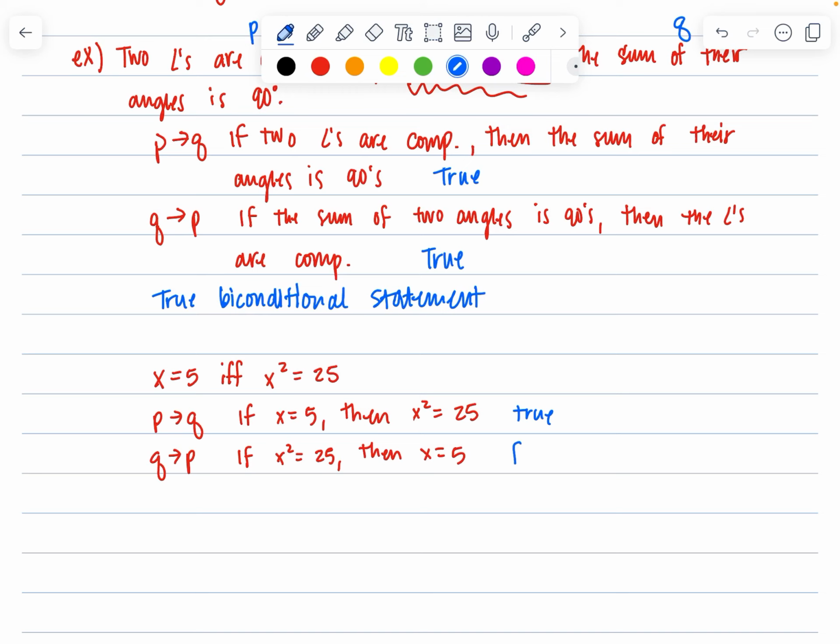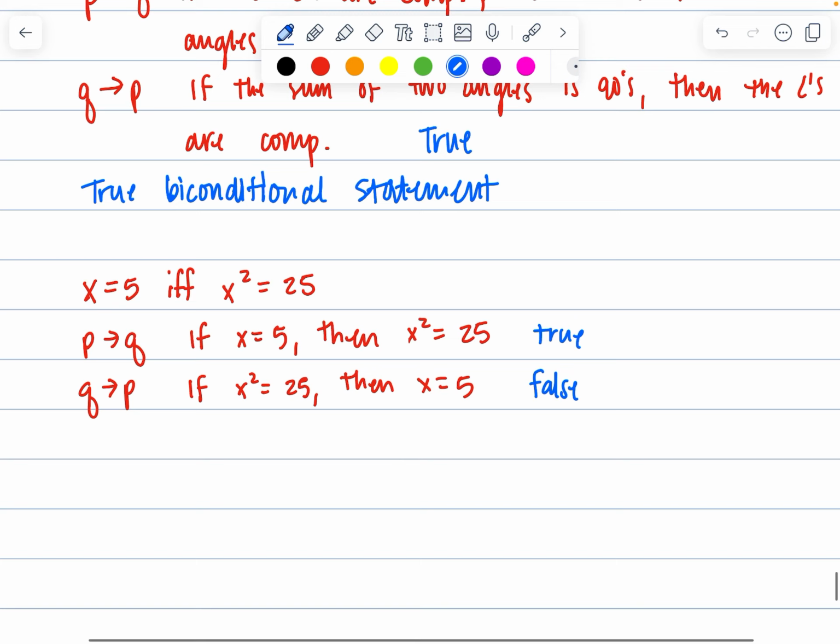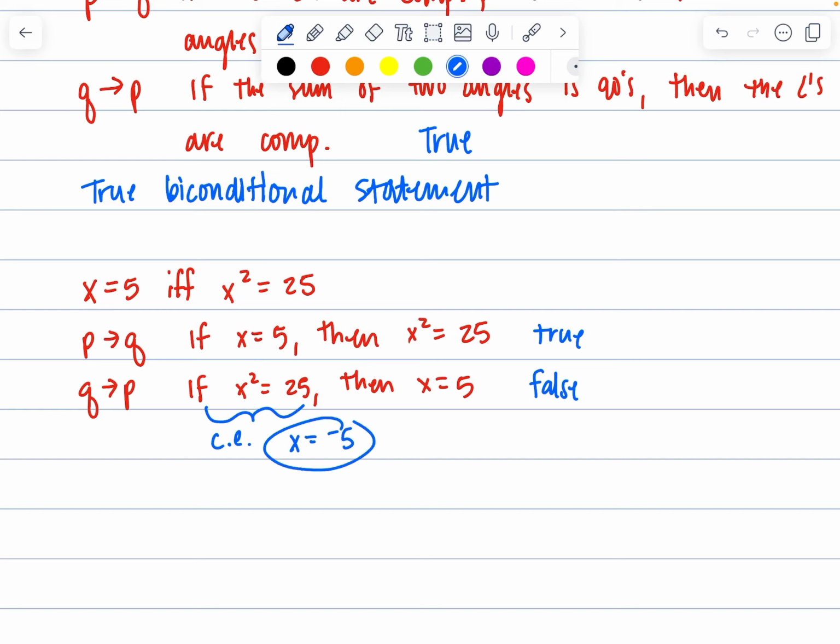This is false, because we know that that is not the only answer. We could say a counterexample is x equal to negative 5. If you square this, it becomes 25, but then x is not equal to 5.